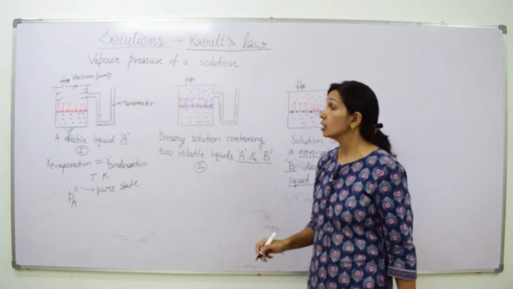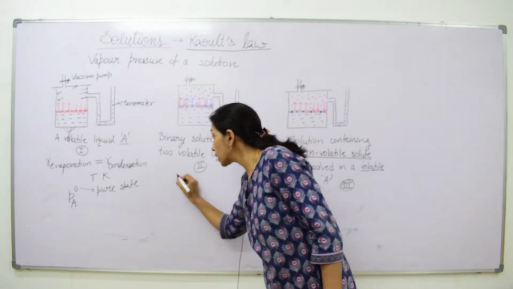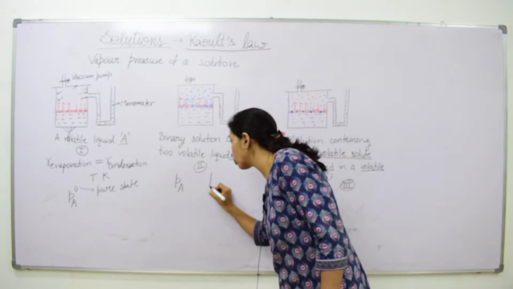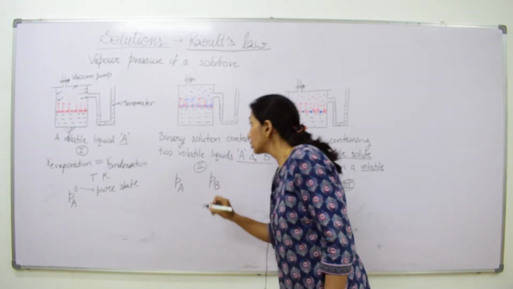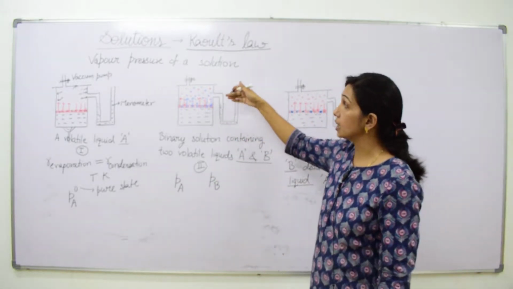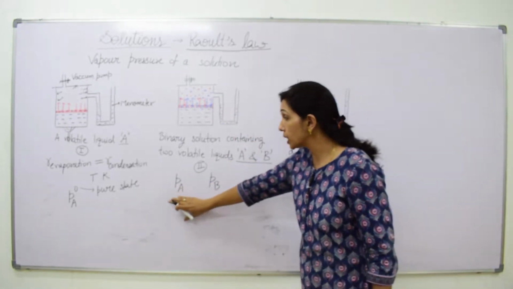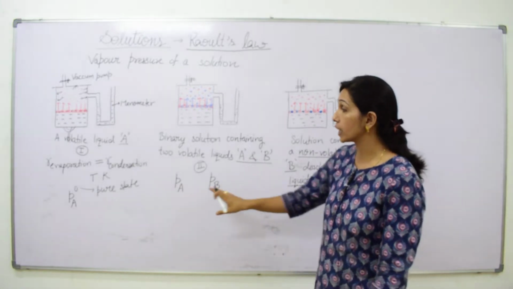The vapor pressure of A is PA, and the vapor pressure of B is PB.